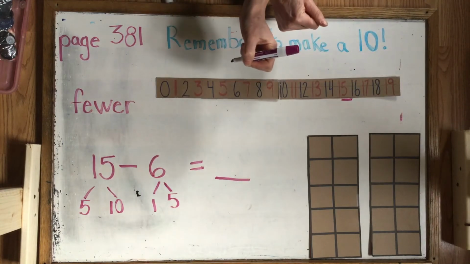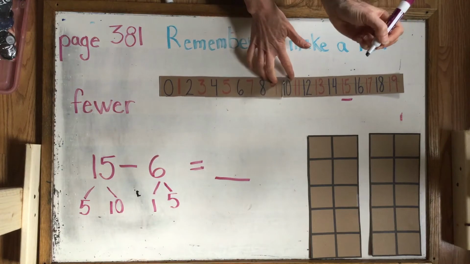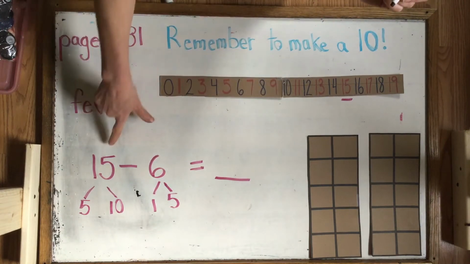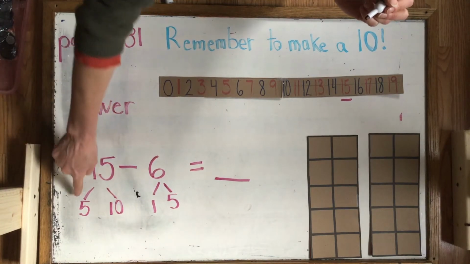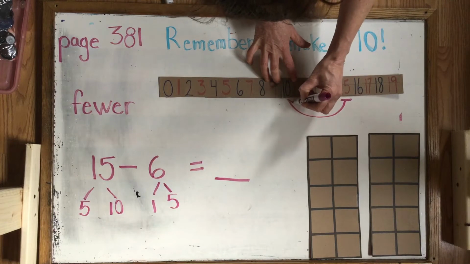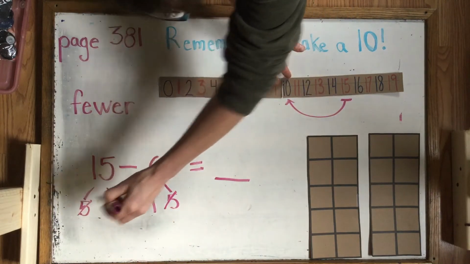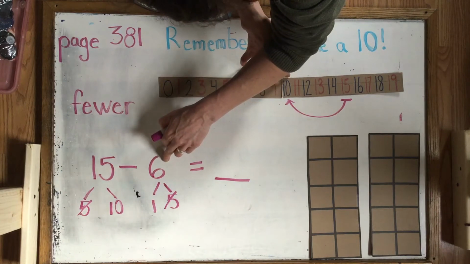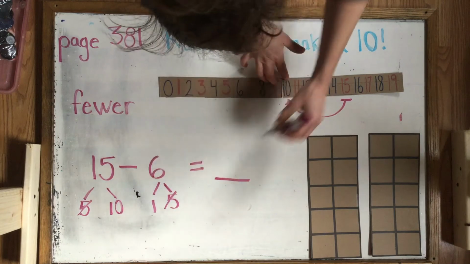Do you remember which way I'm going if I'm subtracting? Right, I get smaller. So first I want to make a 10. And I know that if I start at 15 and go back 5, I'll end up at 10. So I'll go back 5. There I go, I end up at 10. But I'm not done because I have to go back 6. And we have one more to go back.